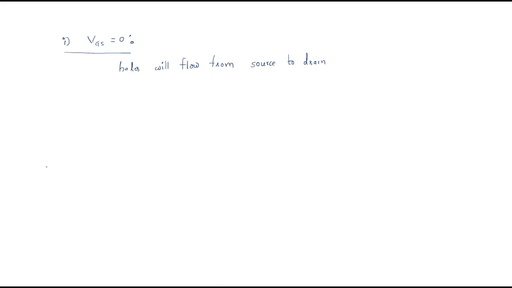What is the second point here? We will write the second point like this: if the gate source value is positive and increases, initially positive and that value must increase, then what happens?